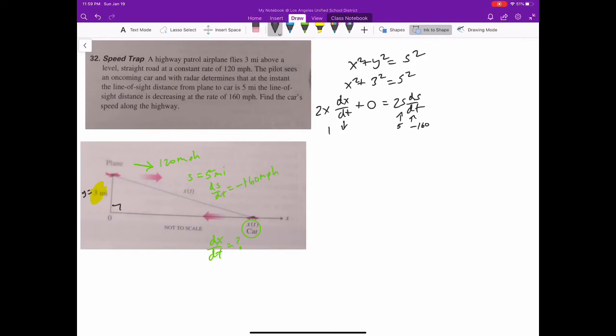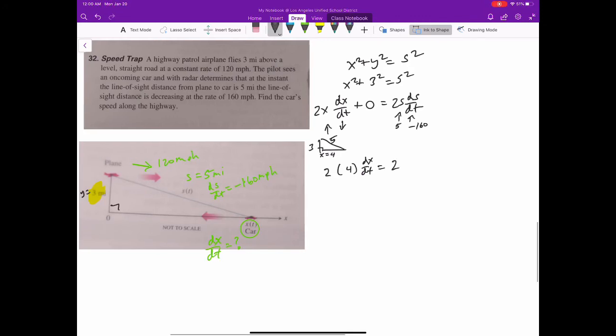We can find x because this is a right triangle problem. We said this is 3, and s is 5. So x here is going to be 4 due to the Pythagorean theorem. So 2 times 4 miles, dx over dt is unknown, equals 2 times s, which is 5, times ds dt, which we said was negative 160.